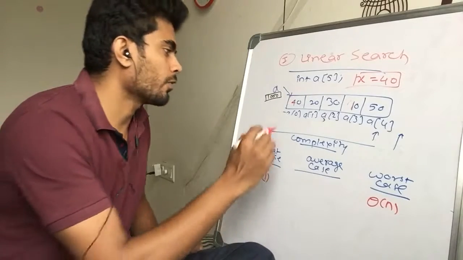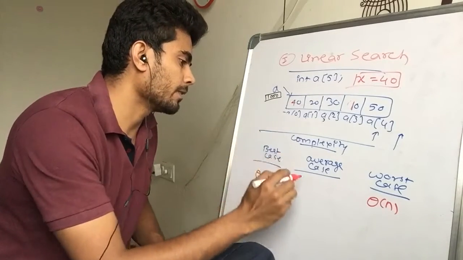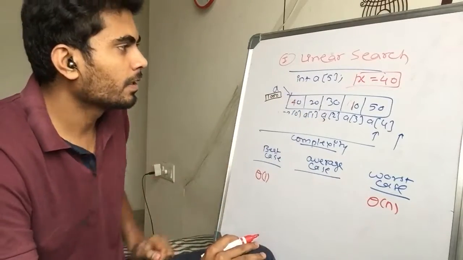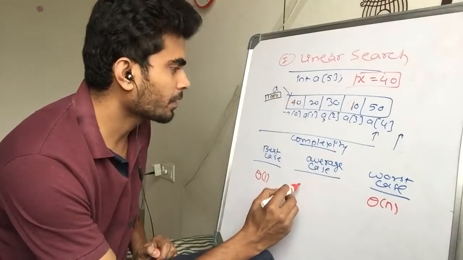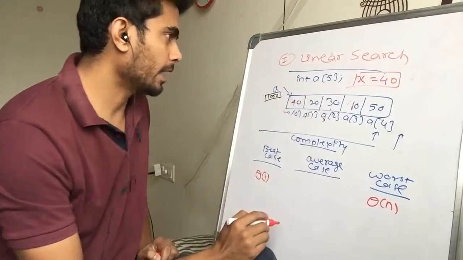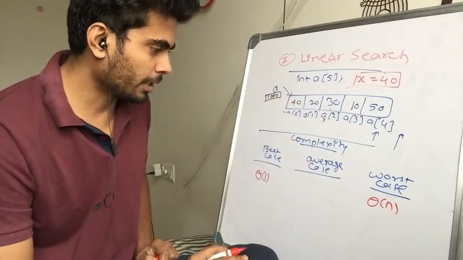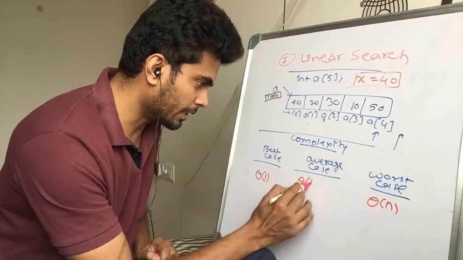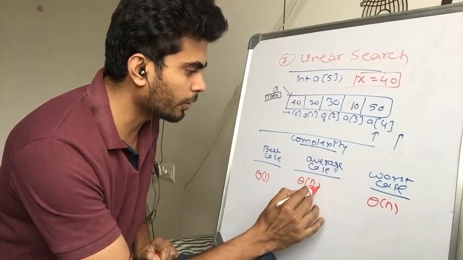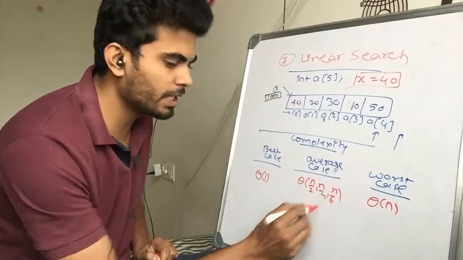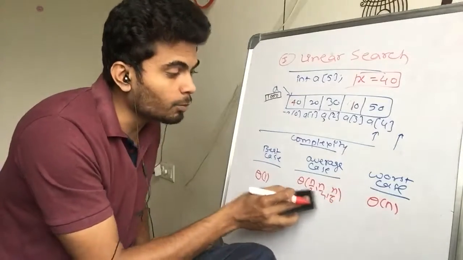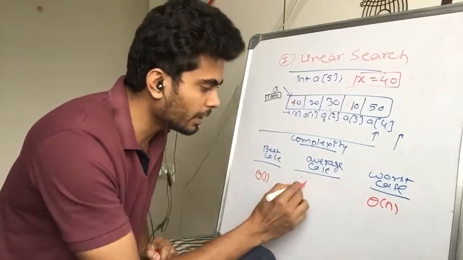And if your element is somewhere in between, say if you find that element here, then you anyhow went through half of the list, half of the array. Even in that case, you are searching n by 2 or n by 4 or n by 6 of the array, because this is involving n, this is anyhow theta n.